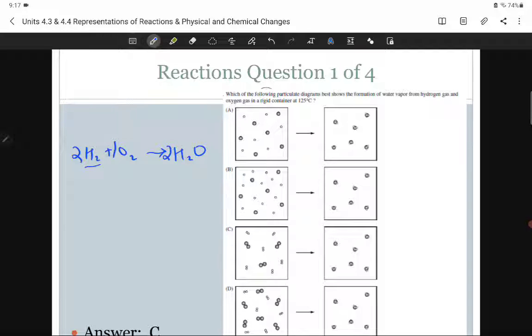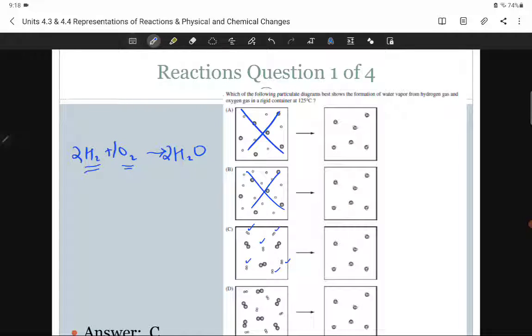On top of that, you have to realize that those are diatomics. A doesn't have any diatomics, so A cannot be correct. B also doesn't have any diatomics. Now C and D both have reactants that have diatomics, but let's count them. The smaller diatomics, that's going to be hydrogen gas.